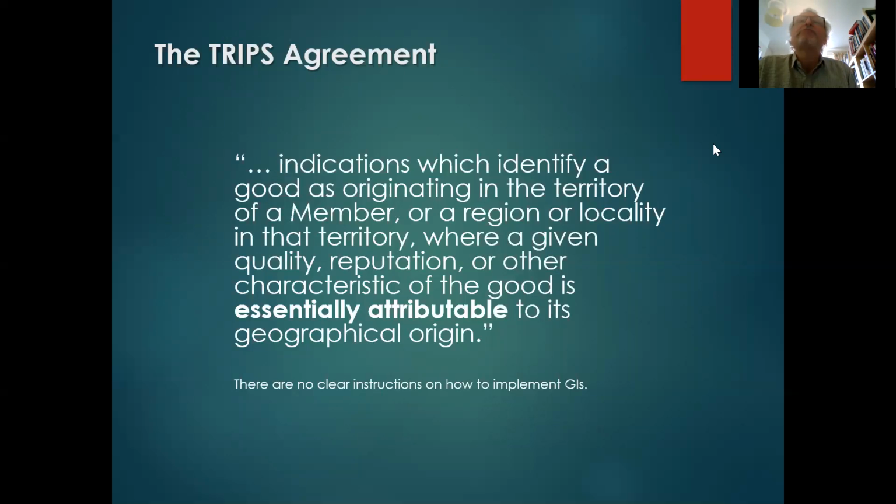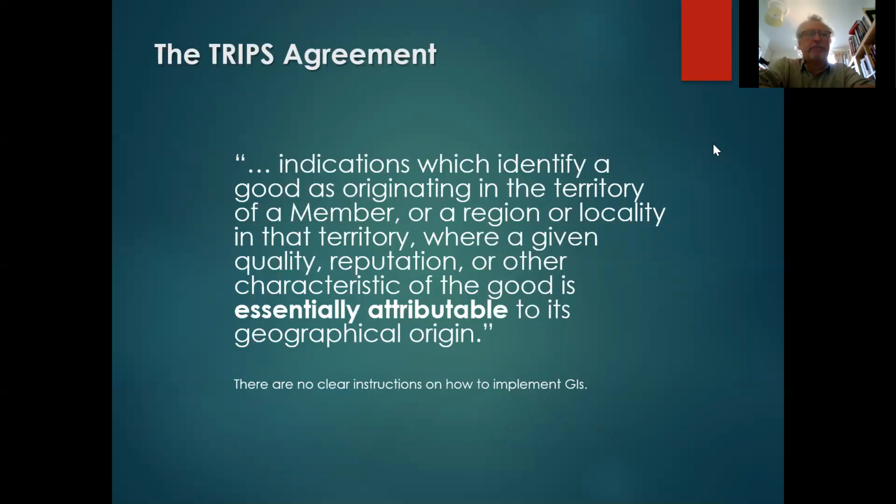It would be a kind of free riding for producers somewhere else in the world to call it champagne. On the other hand, where geographical indications are protected, it is perhaps harder to make the case that only in this place could this product be made. And that is perhaps one reason why geographical indications are so controversial.